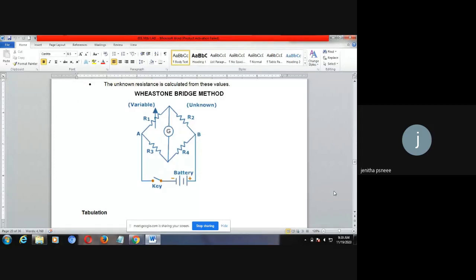Similarly, in AC bridges it will be connected to the AC supply. The other two junctions will be connected to the galvanometer. In DC bridges, a galvanometer will be connected.